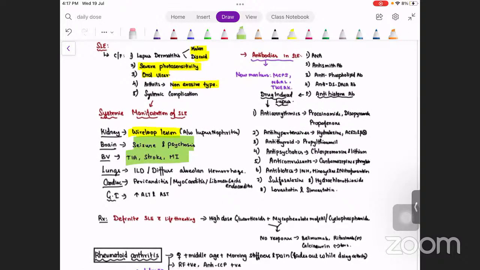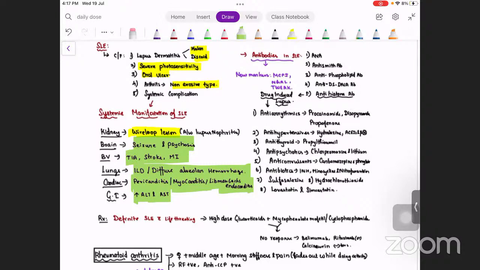Lungs: interstitial lung disease and diffuse alveolar hemorrhage. Cardiac: pericarditis, myocarditis, and Libman-Sacks endocarditis. GI: increase in ALT and AST.